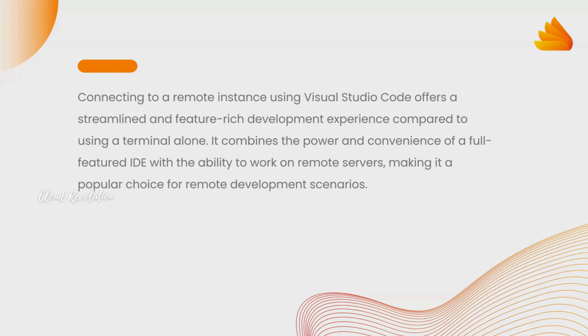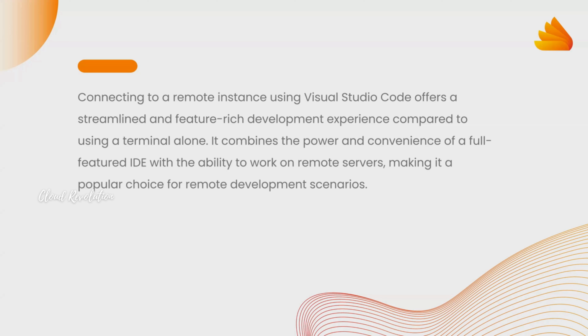Now let's see how to connect to a remote virtual machine using Visual Studio Code. To get started, if you are not sure how to install Visual Studio Code, I have created a detailed video on the topic. To watch it, please click on the I button in the top right corner of the screen.